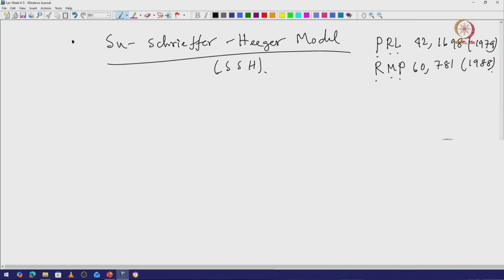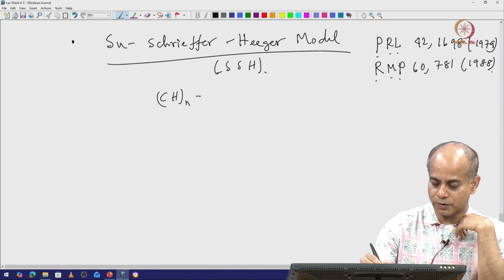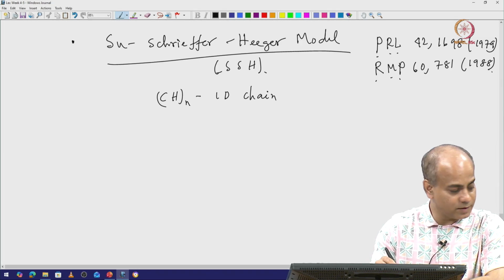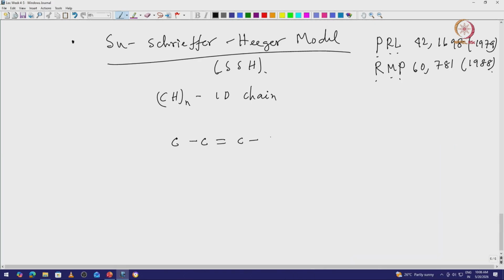So, the model was developed to understand some unusual soliton modes, localized soliton modes in a polyacetylene CH, 1D chain, in which it is drawn differently in different books, but essentially you just have carbon with two different bonds between the nearest neighbors.